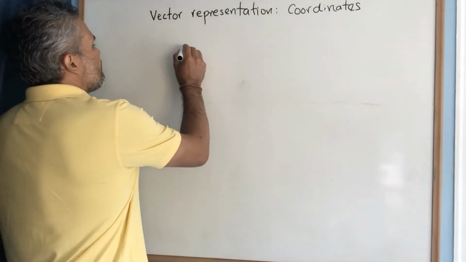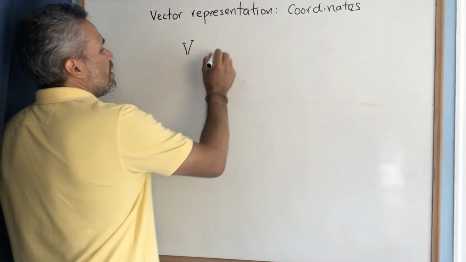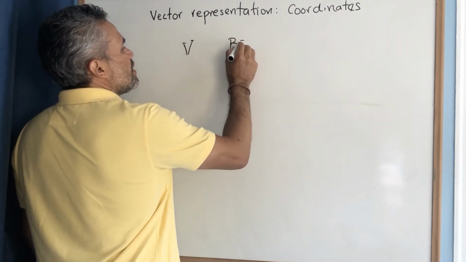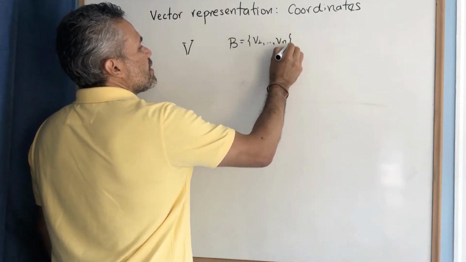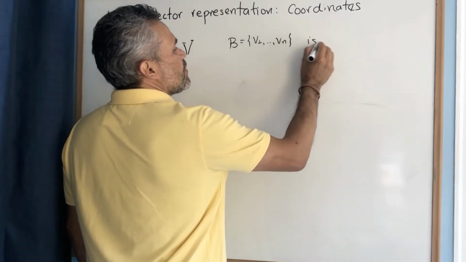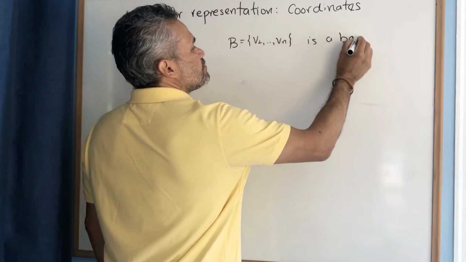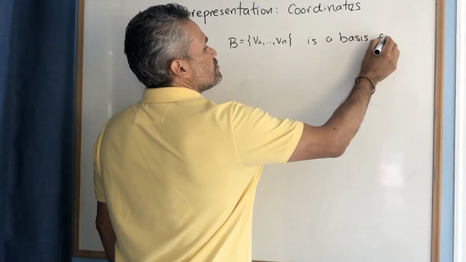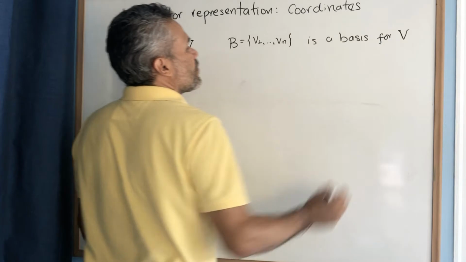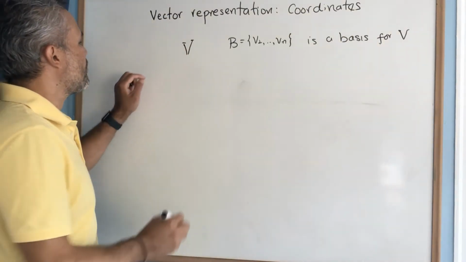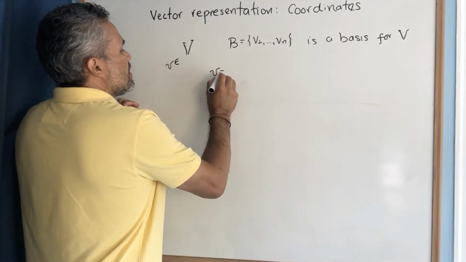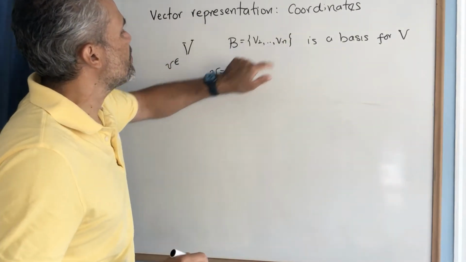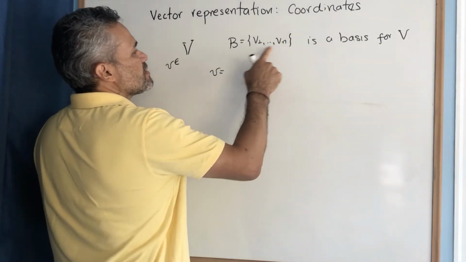Let's suppose we have a vector space V, and let's suppose that B equal to {v1, ..., vn} is a basis for V. Then we know that every vector v in V can be written as a linear combination of these vectors.